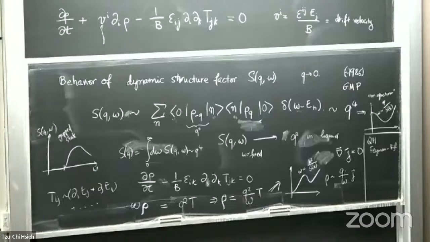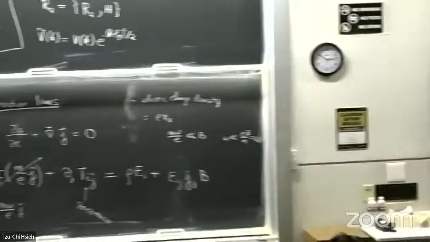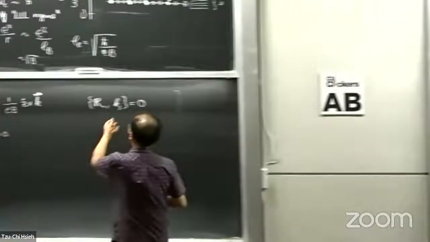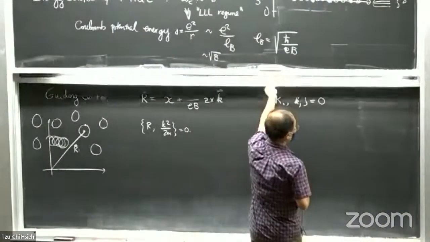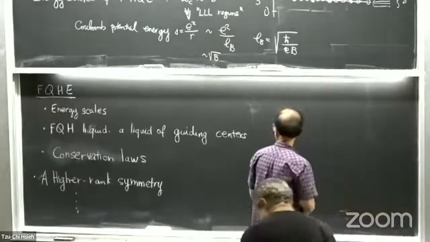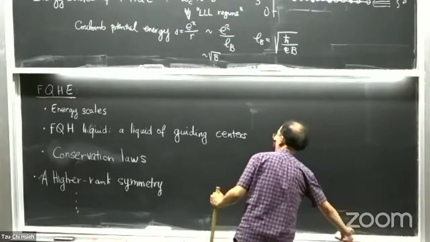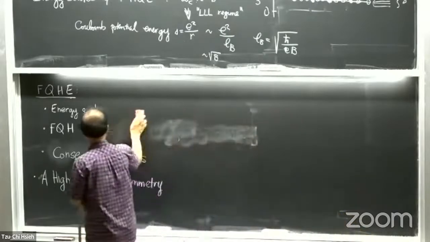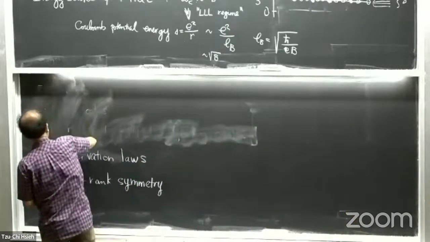Okay, so now we have this conservation law, which has interesting consequences. But I want to ask the following question. Usually in physics, conservation laws are signals of symmetry. Noether's theorem is the theorem that relates symmetry with the conservation law.